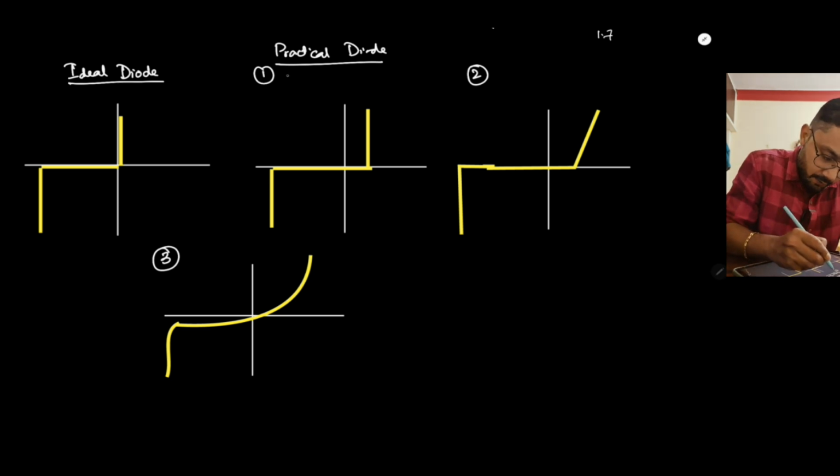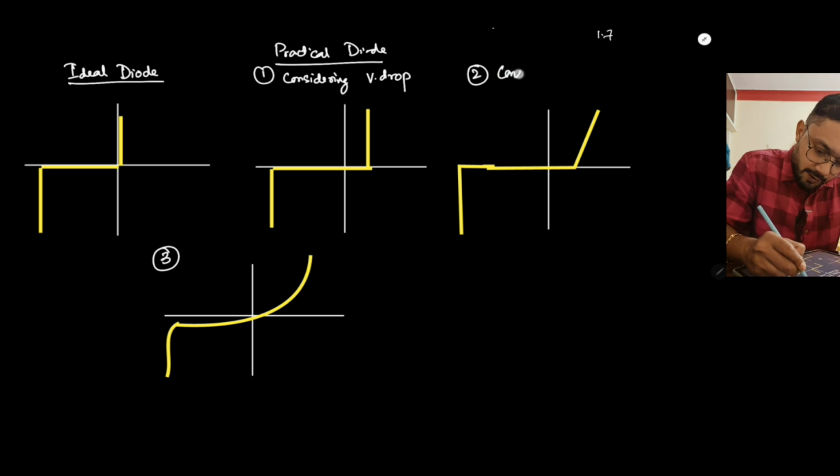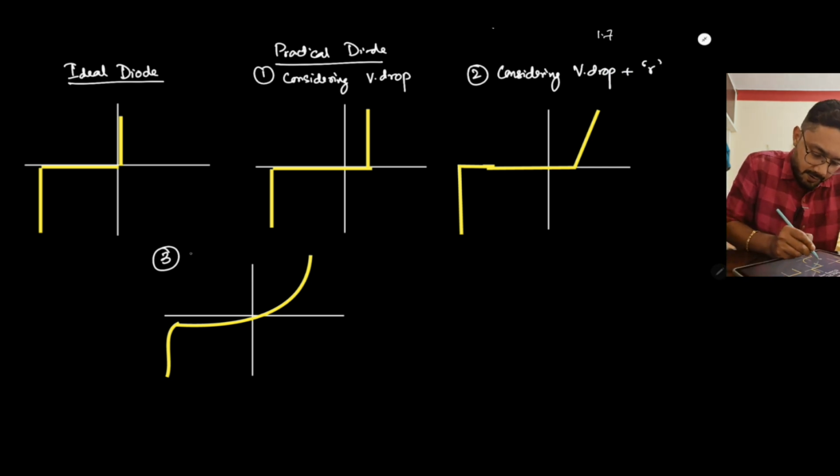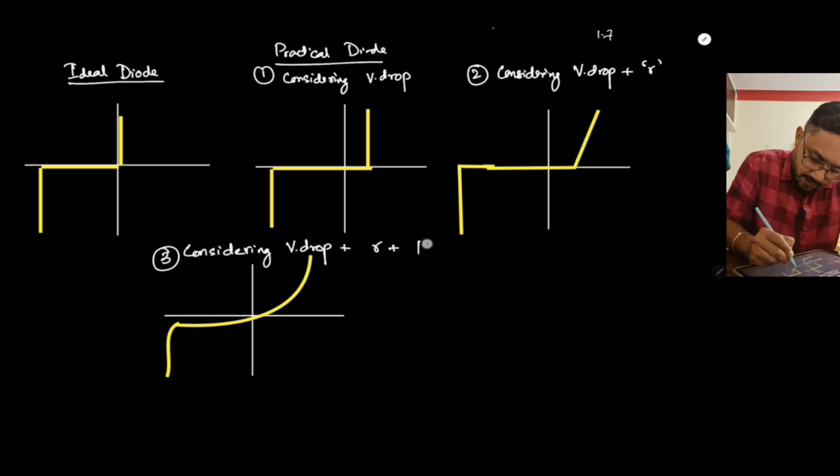This diagram 1 is considering only the voltage drop. Diagram 2 is considering voltage drop plus internal resistance R, and this is considering voltage drop plus internal resistance plus reverse saturation current.